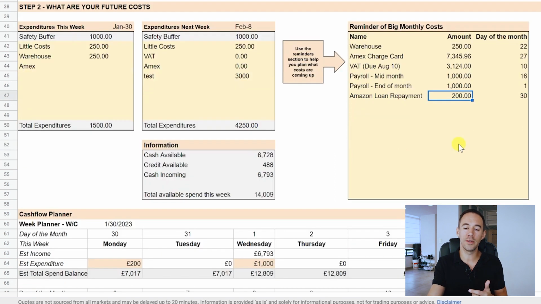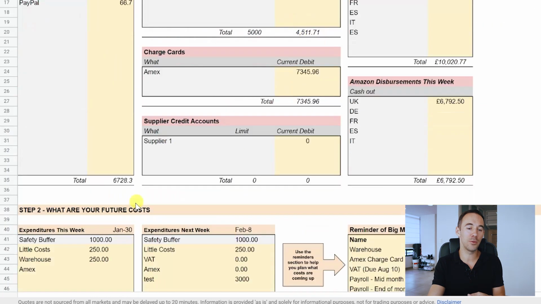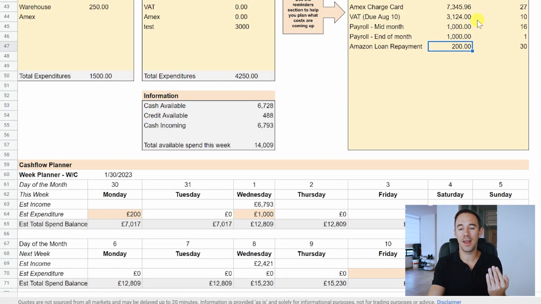What you will notice is that technically the Amazon loan repayment won't come out of your expenditures here, it will actually come out of your income, which is up here. So your Amazon total balances will be reduced by that amount. But what we do is put the Amazon loan repayment as an expense on the sheet. Next month, we might say we're getting a £10,000 income and a £200 expense, which is the Amazon loan.